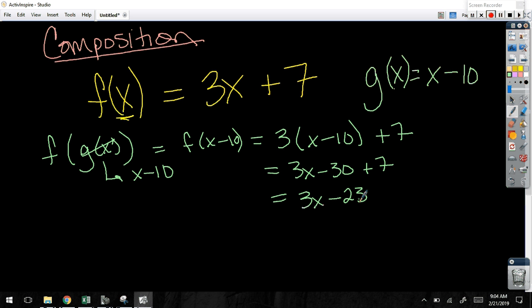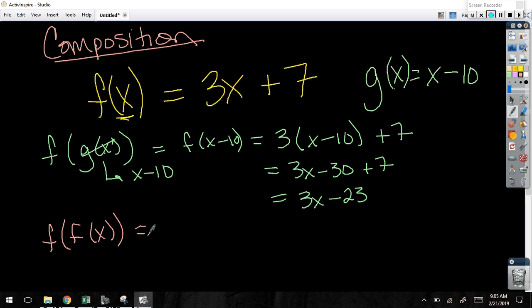Of course, they're not going to be little linear functions. These were for the sake of example. But before I show you slightly harder ones, let me show you a couple more examples. What if I asked you to find f of f of x? Then you would plug in 3x plus 7 for x.